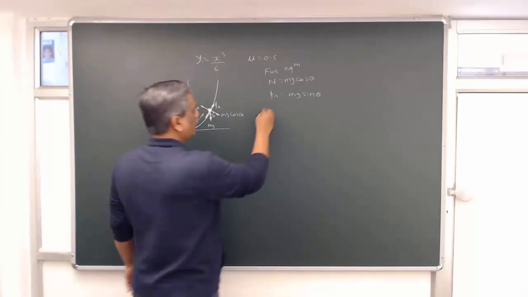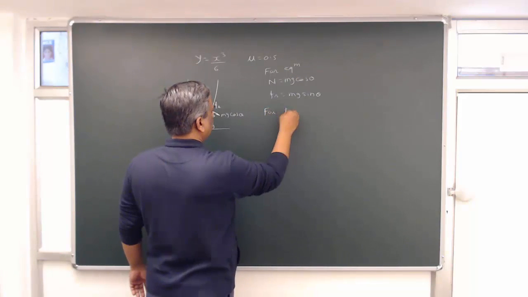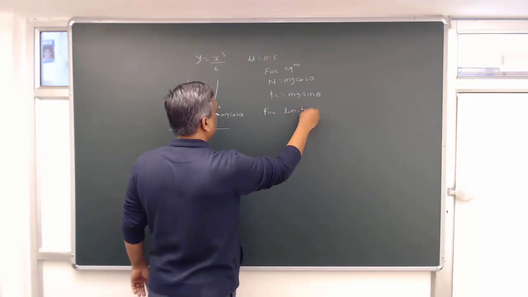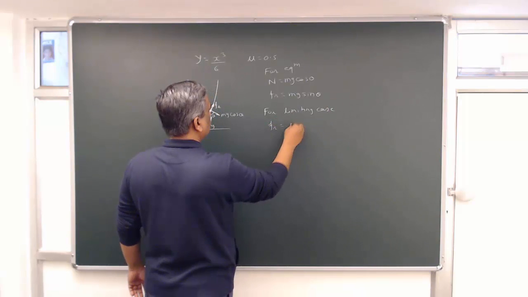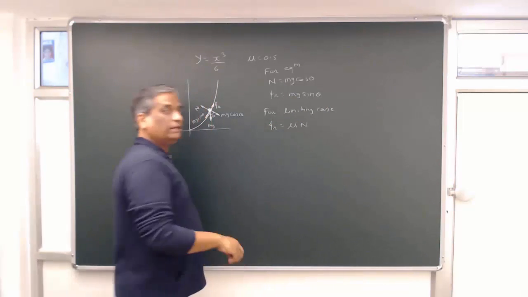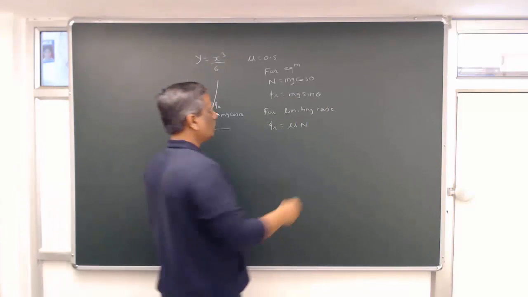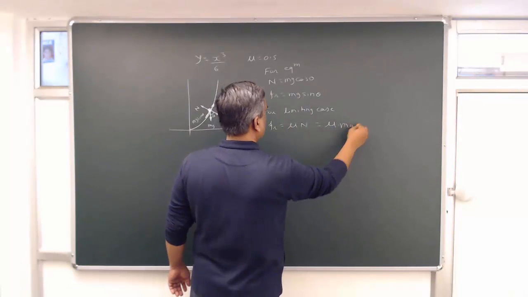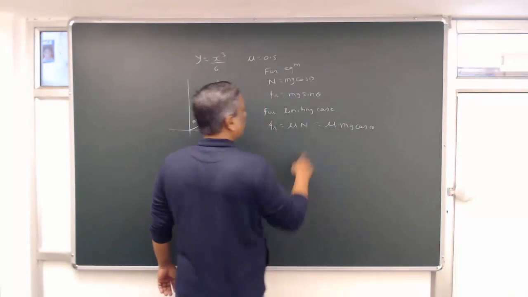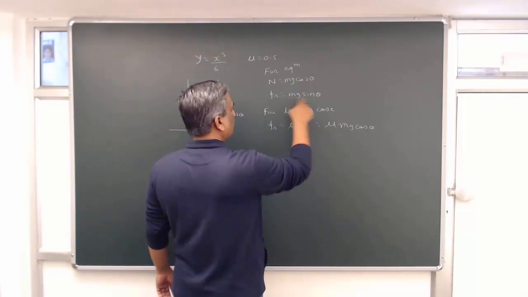Now for the limiting case, Fr should be equal to mu times normal reaction, right? We have seen that in theory. So that is equal to mu times normal reaction, which is mg cos theta. So Fr I can compare this.